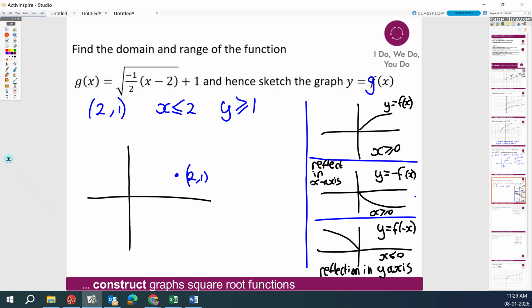So for this function, we can say that the limit as x goes towards negative infinity of g of x is going to equal what? Are we going up or down? Up. So it's infinity.